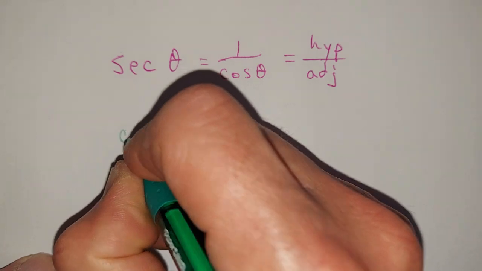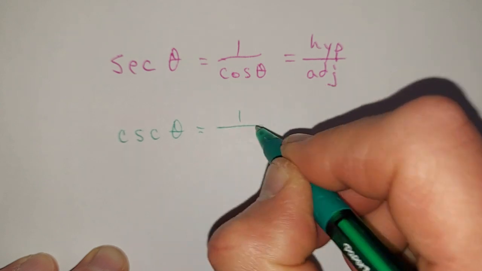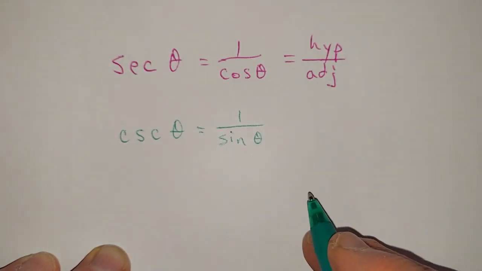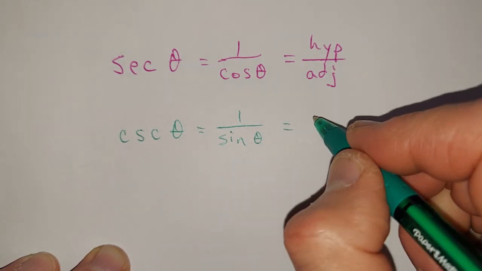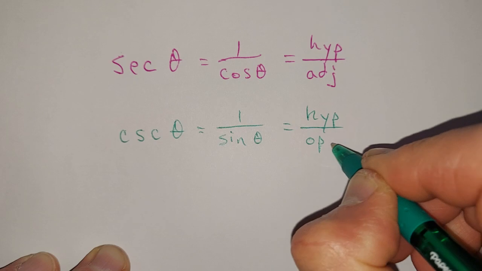The cosecant, CSC, cosecant of theta, is 1 over the sine of theta. Sine is opposite over hypotenuse, so this is hypotenuse over opposite.